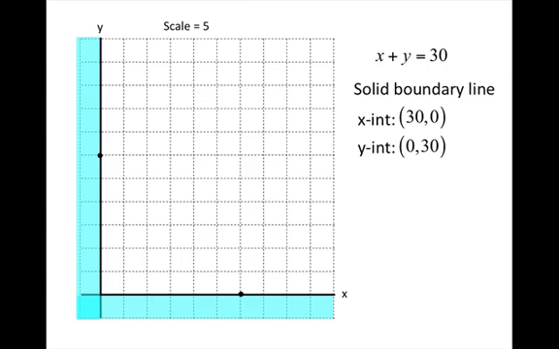I try to make my scale as small as possible. Like I didn't want to use a scale of 10 because then the graph is so small sometimes it's hard to see the feasible solution area. So 5 was a good number to use. You also could have used a 3. Now draw a solid boundary line through these and label that as line 1.